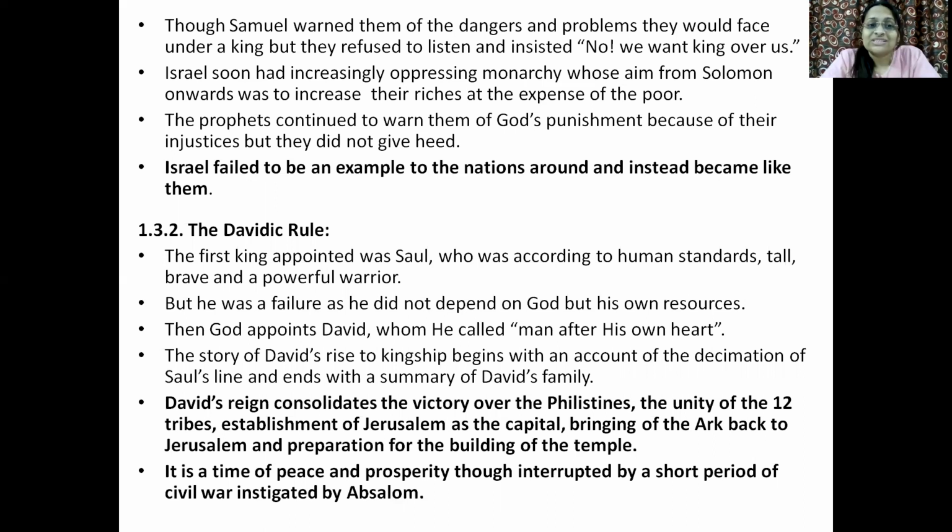The prophets continued to warn them of God's punishment, but because of the injustice they did not give heed, because their minds were corrupted and they just wanted to gain benefit for themselves. There was injustice and no ethics in their minds, so they did not give heed to the prophets, and they failed in the sight of God.